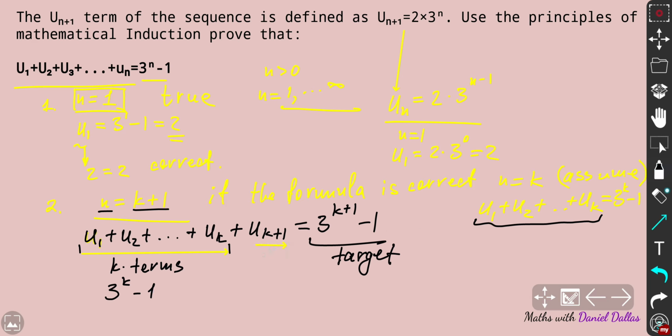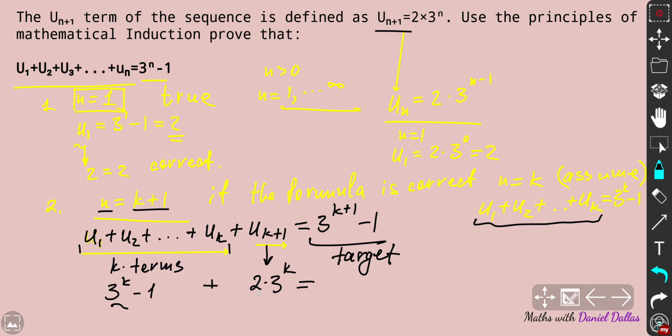On top of that, we need to add the k plus 1 term. Here, we can simply use the formula for the k plus 1 term, that in this case will give us 2 times, instead of n, we just use k, because we use the k plus 1 term, so that means in general we've got 2 times 3 to the power k. And if we add this, we should arrive at our target. Okay, so now let's simplify that.